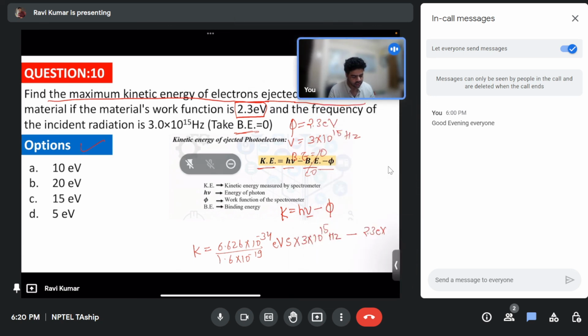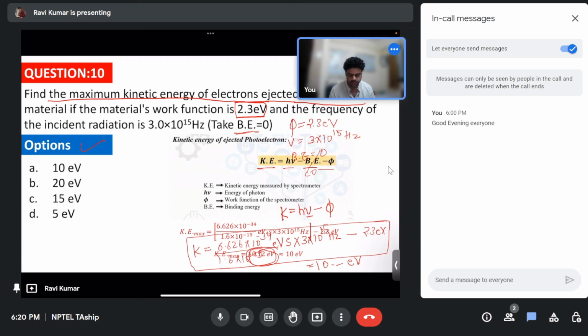So you just need to solve this. Just calculate it. You will get around 10 point something electron volt. Yeah, it is 10.12 electron volt.